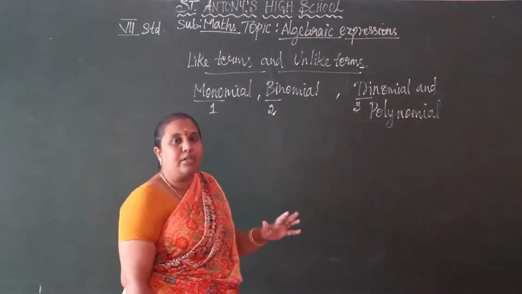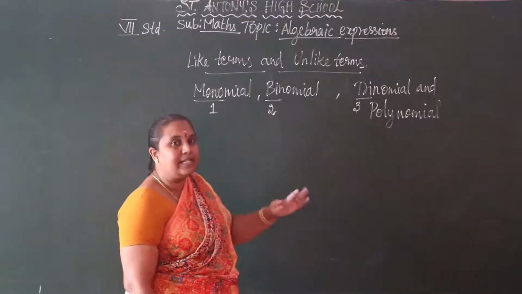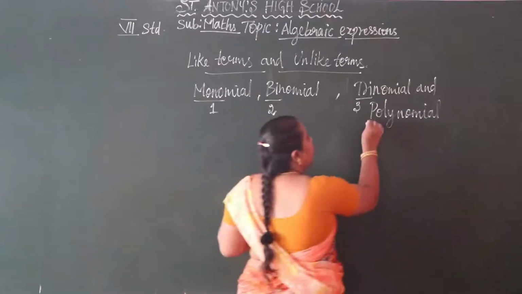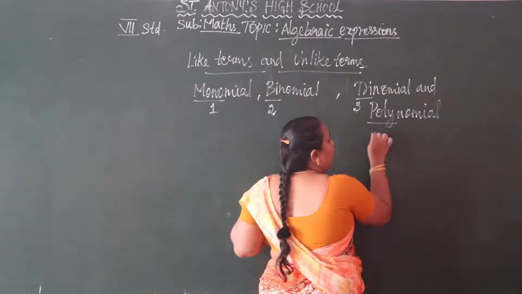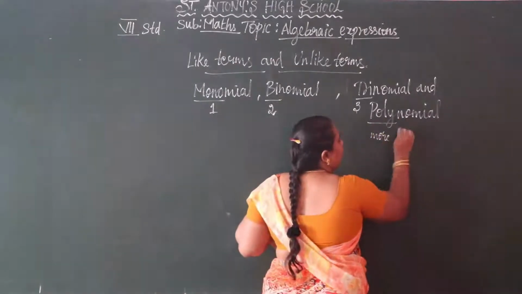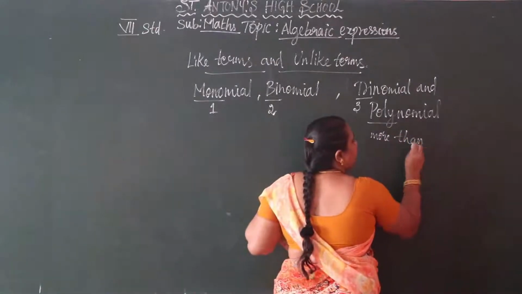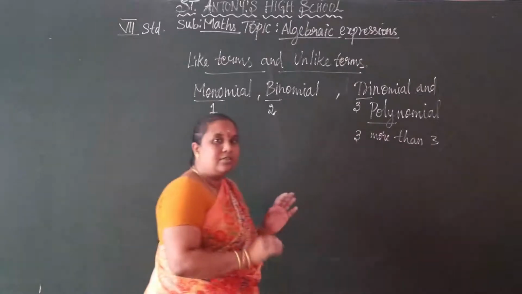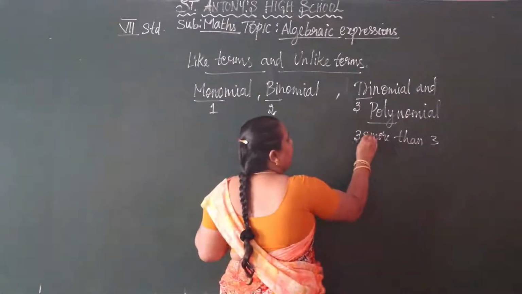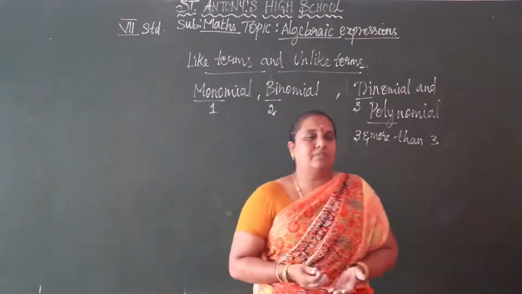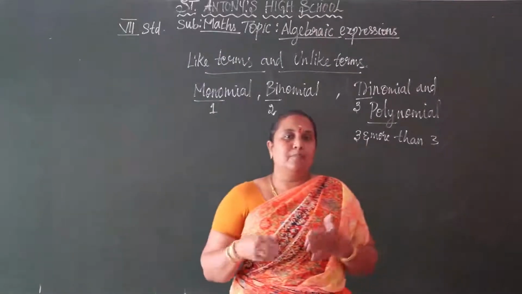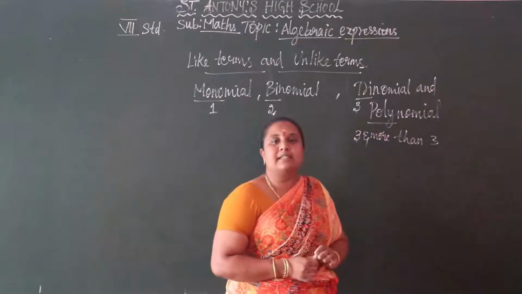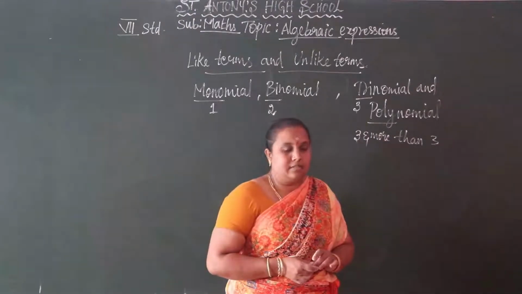In an expression we have 3 terms, we can say it is a trinomial expression. And polynomial means more than 3. So 3 terms we can say trinomial or polynomial, and more than 3 we can say it is a polynomial.